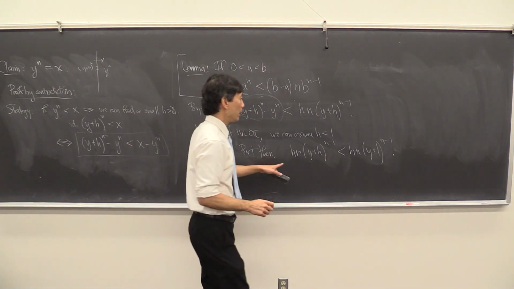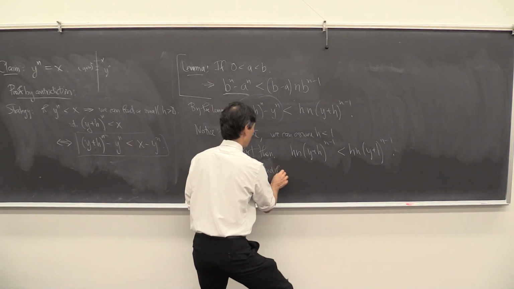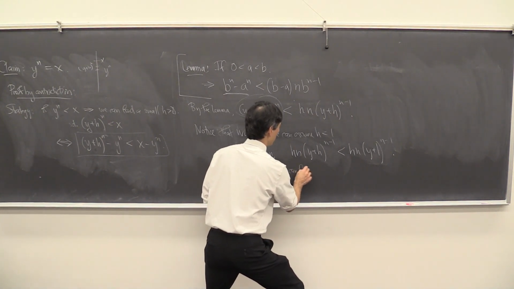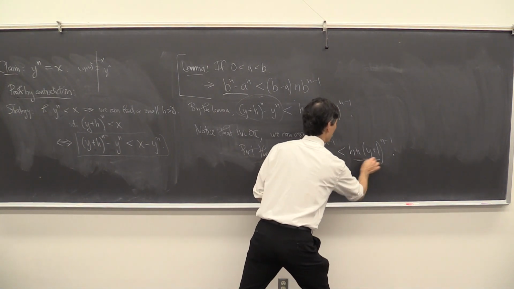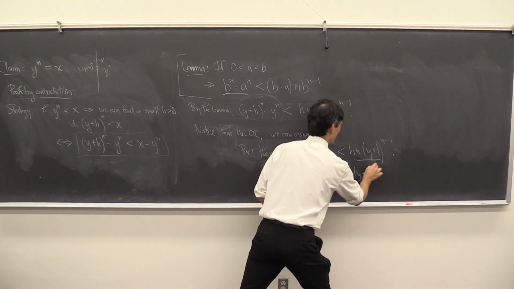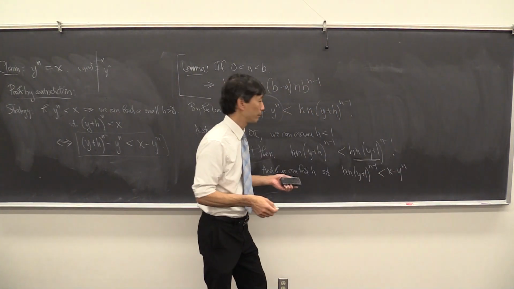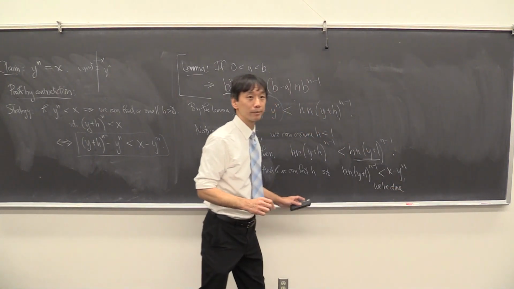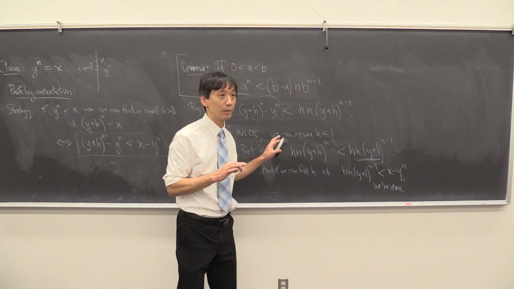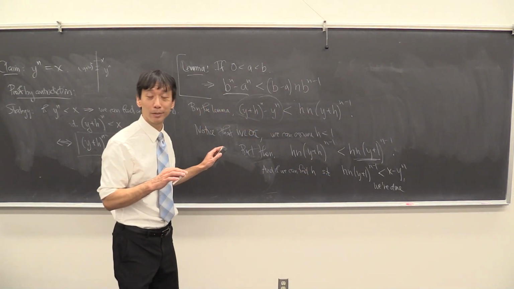And if we can find h small enough such that h times y plus 1 to the n minus 1 is less than x minus y to the n, we're done. Everybody all right with that?